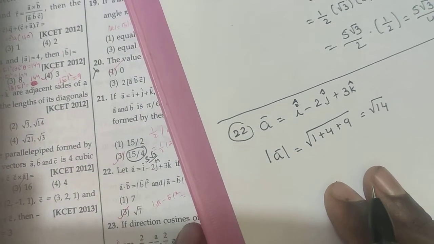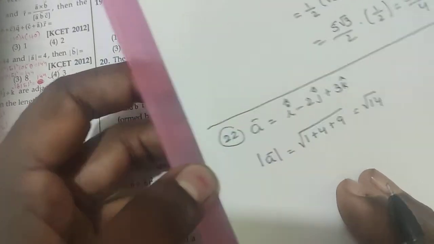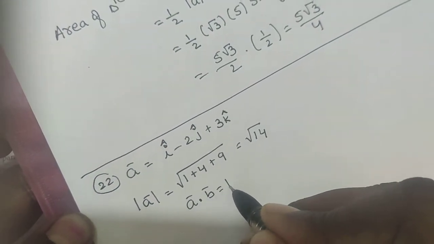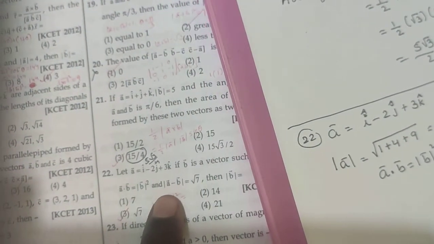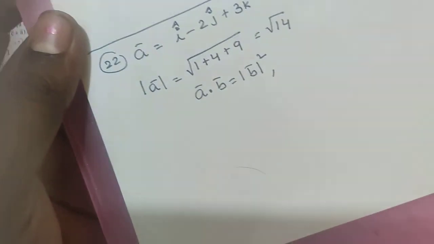Next, the given condition: A bar dot B bar equals mod B bar square, this is given. And one more, modulus of A bar minus B bar equals root 7, that is given.